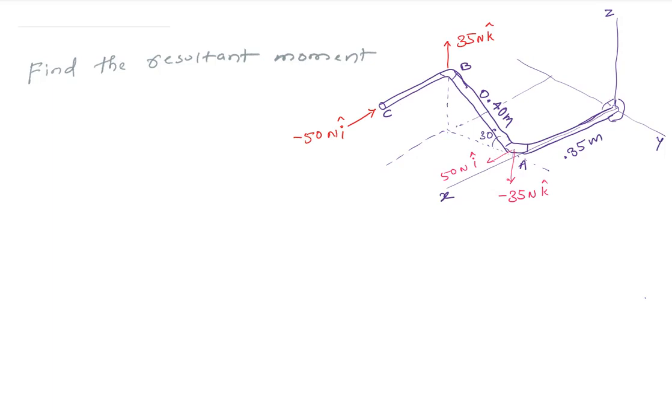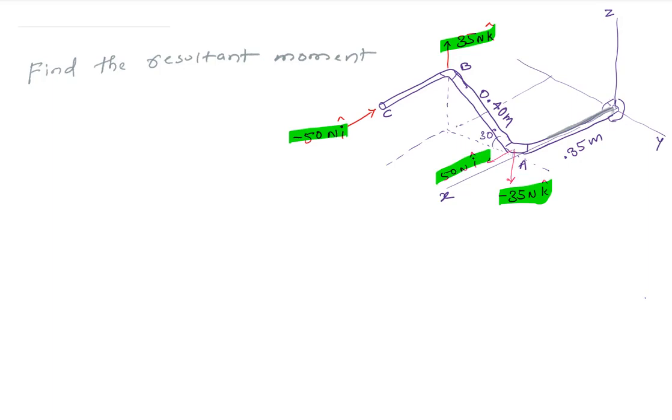There's a bar that is being twisted in this way, or you can think of this as pipes that are joined in this fashion. And then you have these loads. You have a couple, so that means 35 Newton acting up, and then 35 Newton acting down on this bar, and then 50 Newton in that direction along the x direction, and an equal amount acting in the positive x direction.